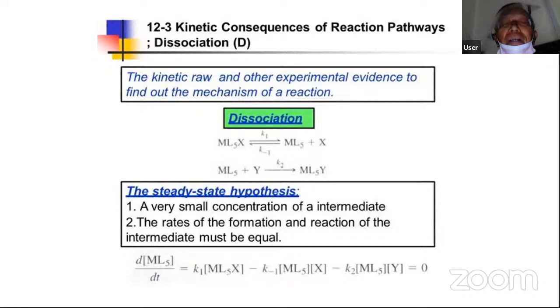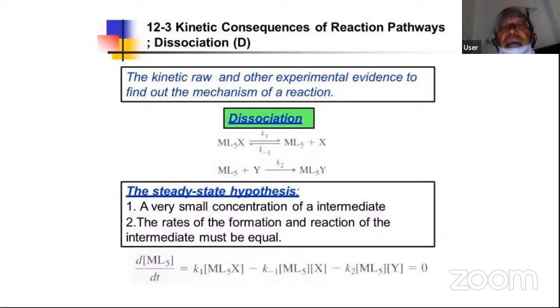You have to approximate the concentration of the intermediate in order to obtain the rate law of this association scheme. So this is your rate, which is concentration over time of your complex, meaning you follow the disappearance of the complex. The rate law here is K1 times the complex, the K1 step. This is the formation of your complex.